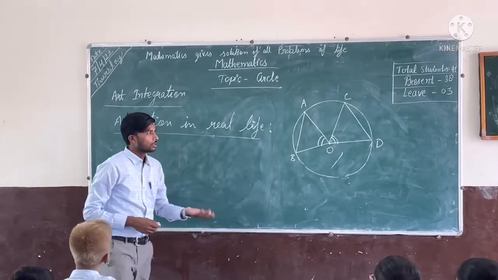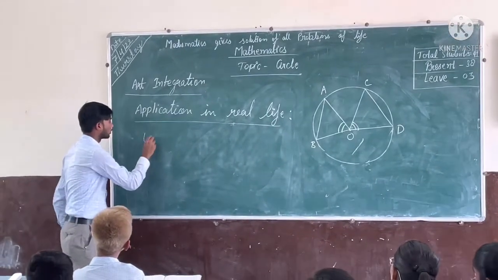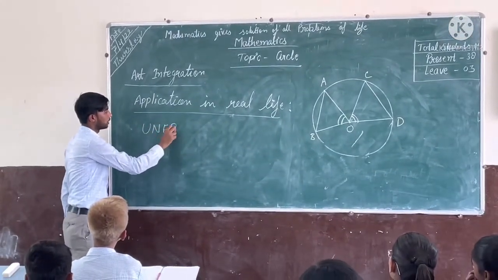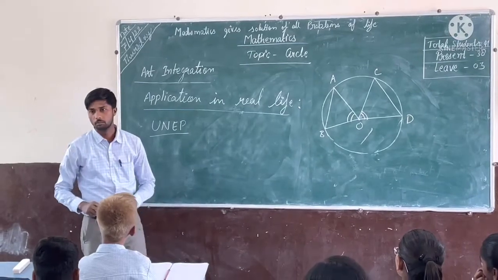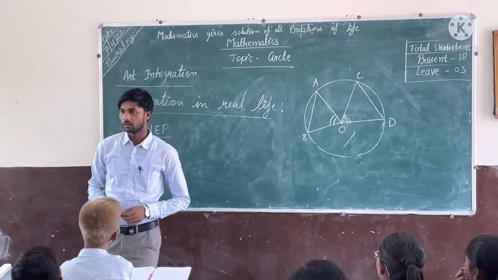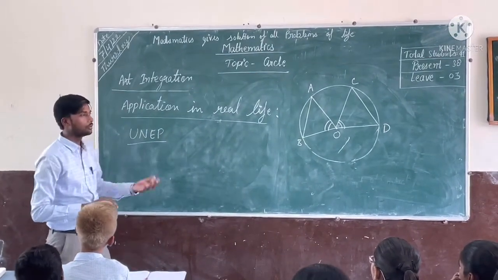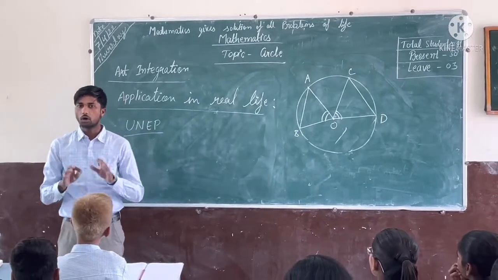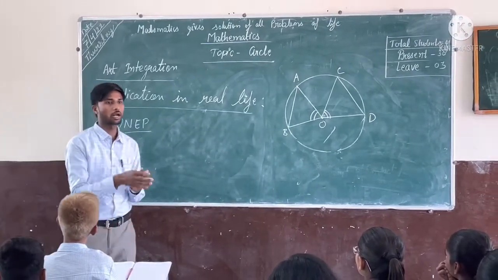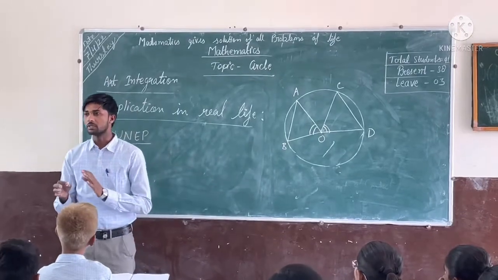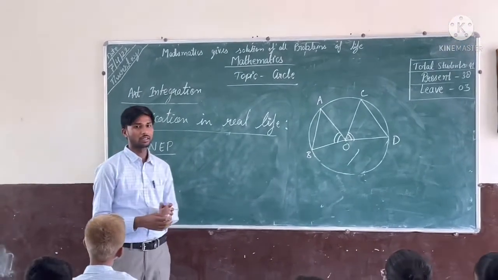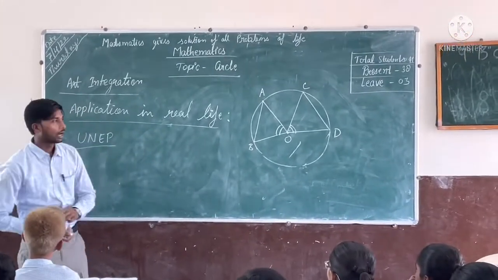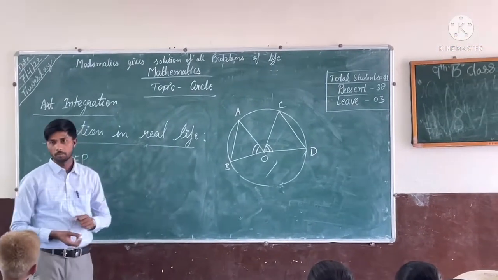And you have seen that there are some plans of the government, such as UNEP, the United Nations Environment Programme. You will observe in the news many times that all the awareness programs explained by slogans are made in a circular shape.